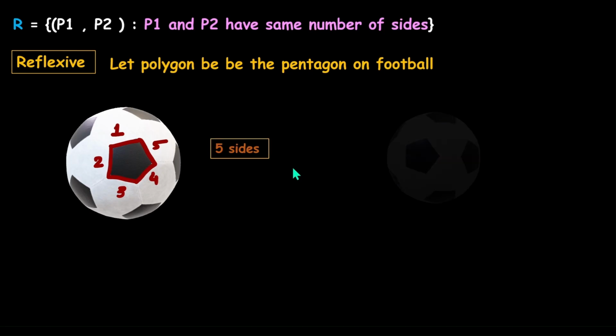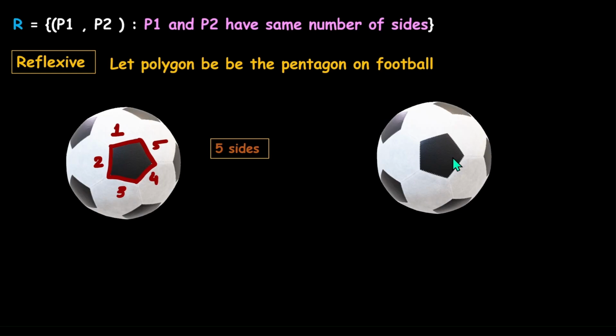So let's take another football with another figure here, and count the number of sides: 1, 2, 3, 4, and again 5. So this football also has 5 sides in this pentagon, right?